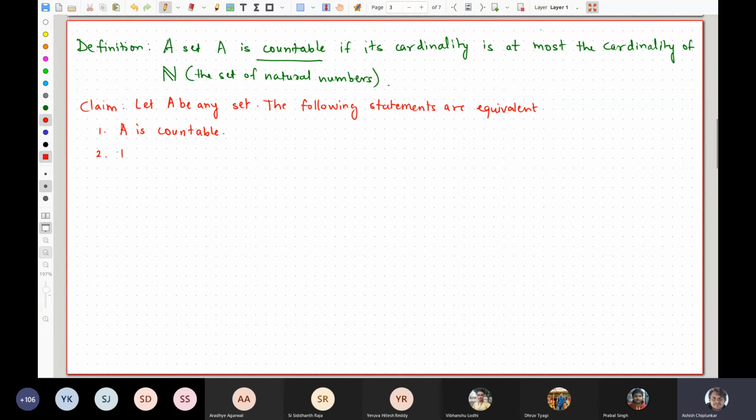There exists an injection from A to the set of natural numbers.